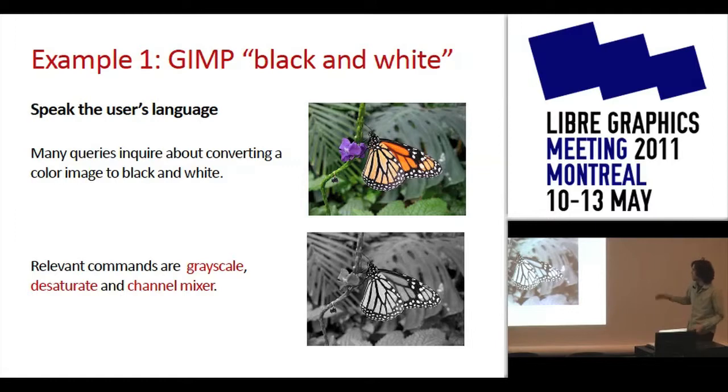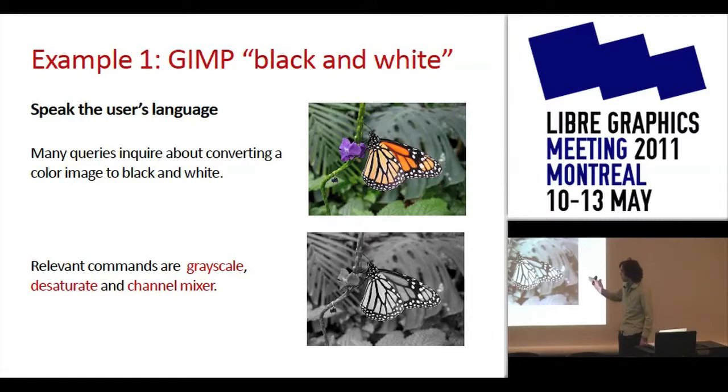I like to refer to it as Speak the User's Language. Again, I adapted this presentation from a presentation I did earlier in the week. This is probably pretty obvious to you guys, but in the GIMP dataset, we see a lot of searches for people asking, how do I convert an image to black and white? Here they're not talking about a binary image in most cases. They want something that looks like an image captured on black and white film.